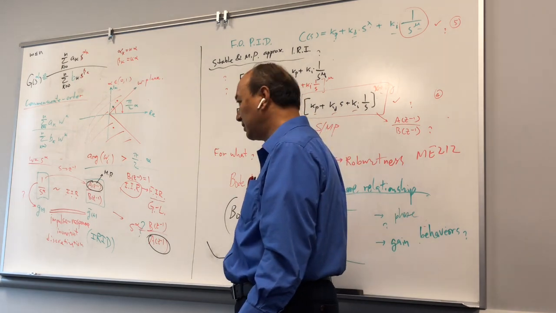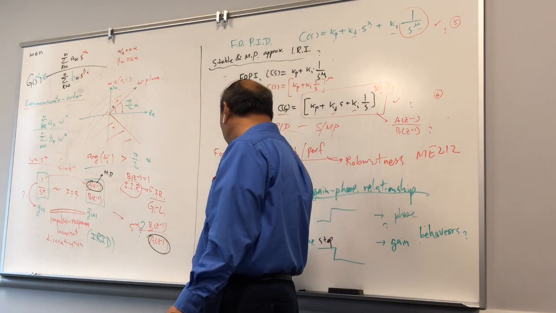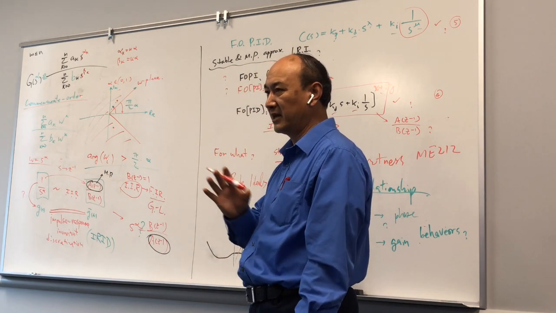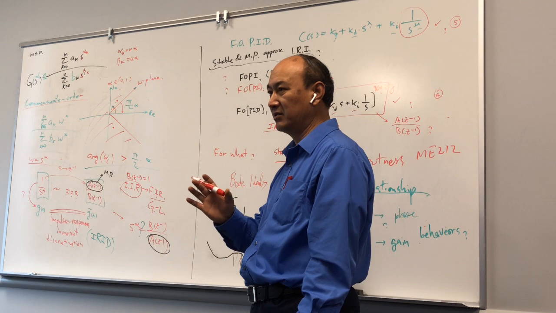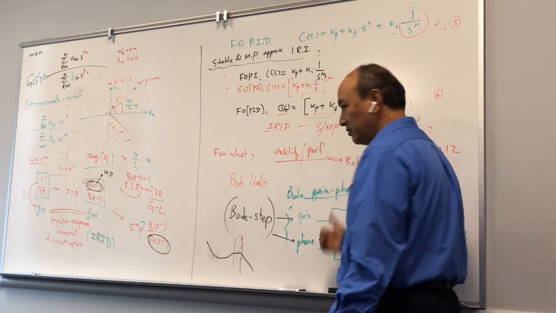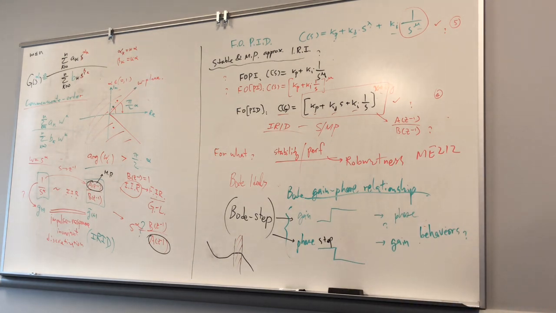Keep this step, and then I can claim that within this range, my system has certain robustness to gain variation. So let me give you a graphic explanation.